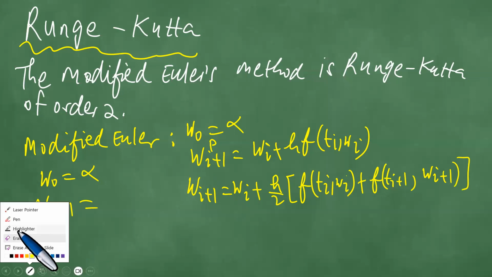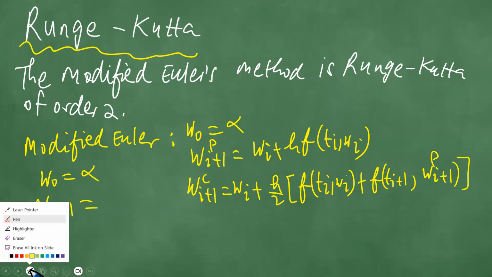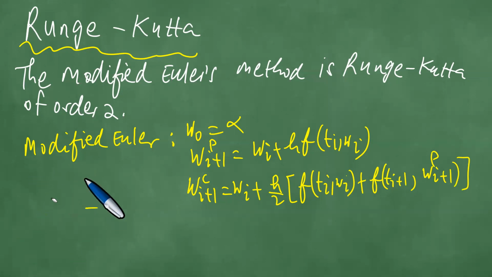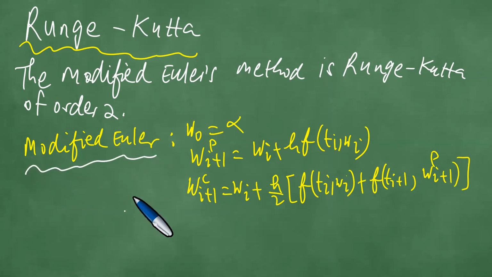Okay, we just continue with that. I'm just writing this down because I want to advance to something else. So this is the predictor component. Sometimes we will write this long thing here. Now this is the modified Euler. It can be read in billions of ways, but that's what it is. Now I want us to consider this modified Euler and say modified Euler is Runge-Kutta of order 2, because there's Runge-Kutta of order 4, order 3, and so on.